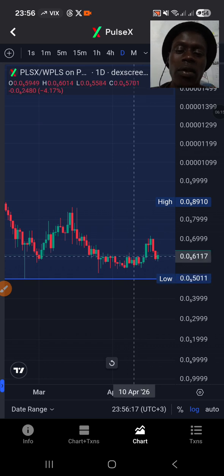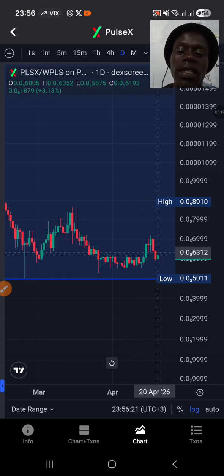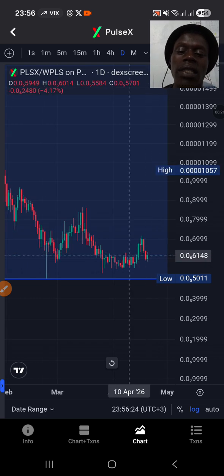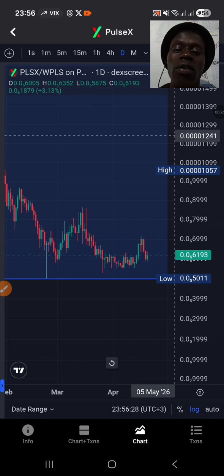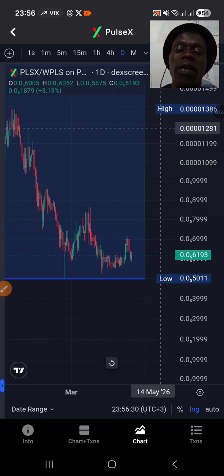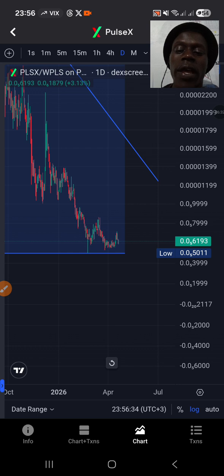When price starts getting up from this point and breaking these lower highs, we will be looking forward to seeing price recover all the way up.